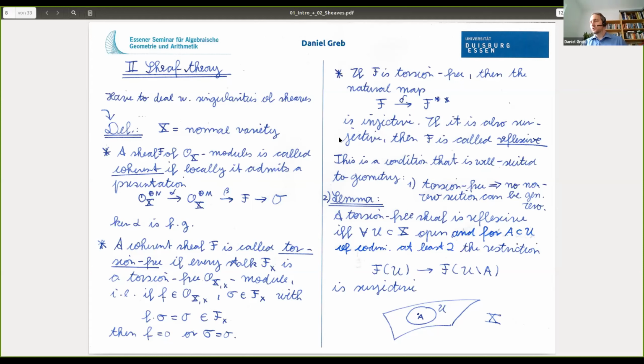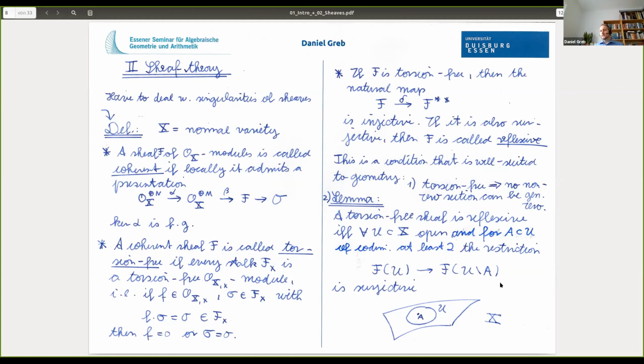And the second point: this lemma explains the meaning of reflexivity. If I already have a torsion-free sheaf, one which does not have non-zero sections which are generically zero, then it is reflexive if the following extension property holds. If I take any open set U in X, and a closed set A inside U of codimension at least 2, like a point in a surface or a curve in a threefold, then the restriction map from sections on the bigger open set U to U minus A is surjective.